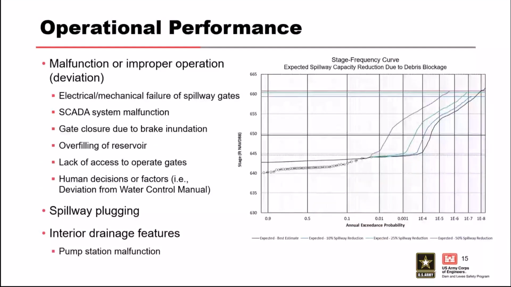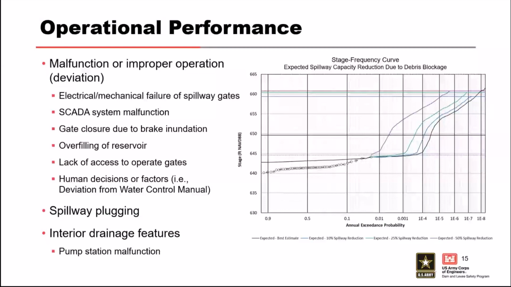Remembering back to the general event tree framework from earlier in this presentation, the hazard or the loading element also captures an operational performance element or sub-element that can serve to exacerbate the initiator. As an example, malfunction or improper operation for a gated spillway can occur due to the failure of gates to operate on demand from mechanical, electrical, or other gate component failures.